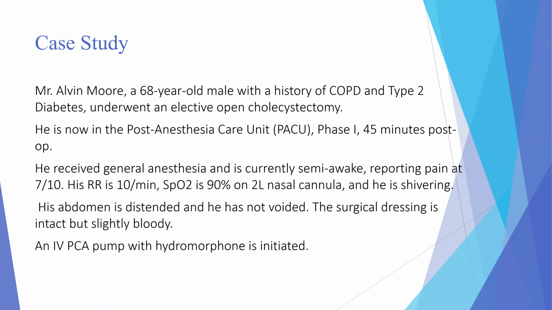O2 sat is 90 on 2-liter nasal cannula, and he is shivering. Shivering means he has chills, so it's hypothermia. His abdomen is distended and he has not voided. The surgical dressing is intact but slightly bloody. An IV PCA pump with hydromorphone is initiated.